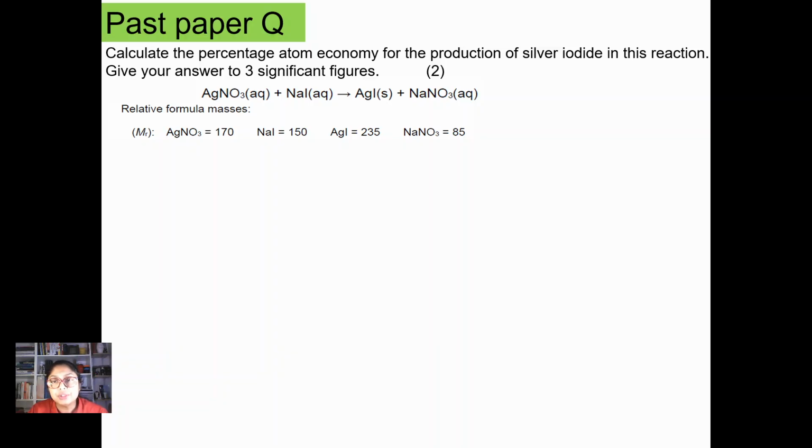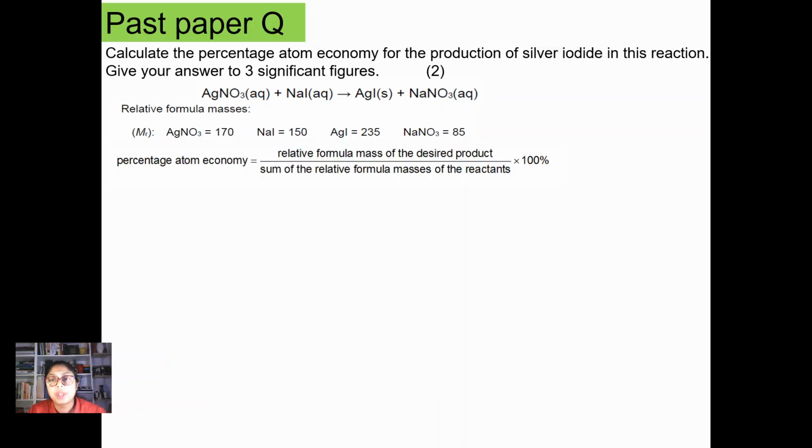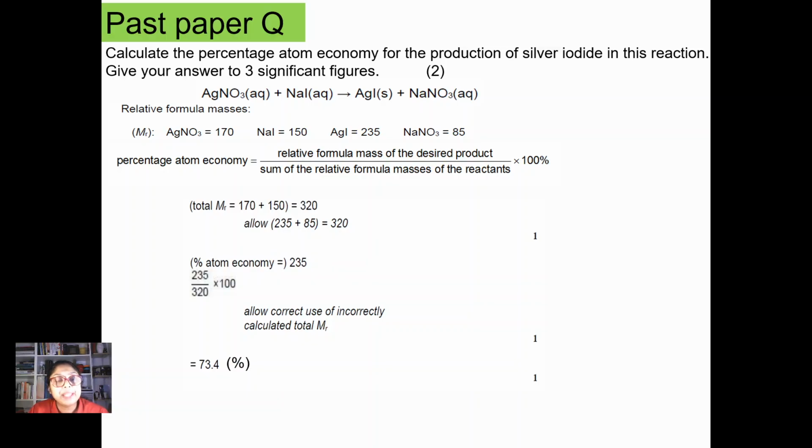The equation for atom economy is this. And step 1, in the mark scheme, let's go through it. What is the relative formula mass of the desired product? In this case, it is silver iodide. You don't calculate it, they have given it to you: 235. Then step 2, the relative formula mass of the reactants.